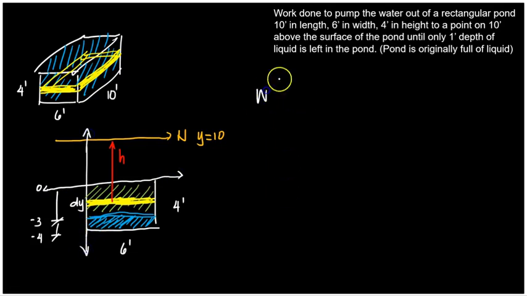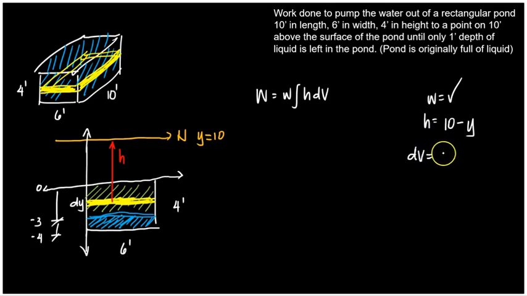So work is equal to W integral of h dv. It's constant, no problem. Height, I need to pump it to a point that's 10 feet above the surface. So 10 minus y. And then dv, that's 10 by 6 by dy. So that's 60 dy. And then the limits, not all of the liquid will be pumped out.